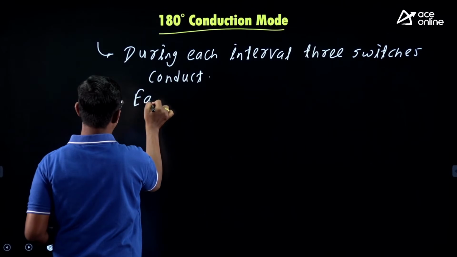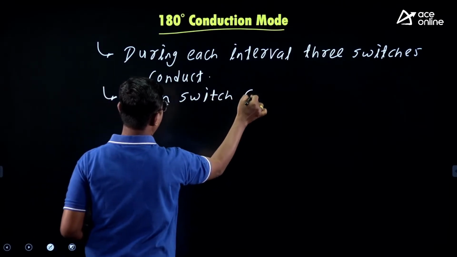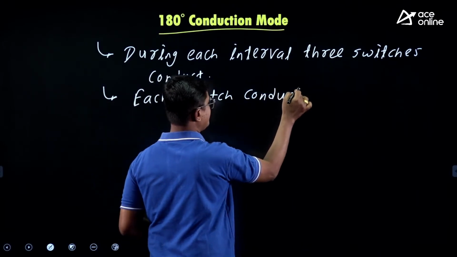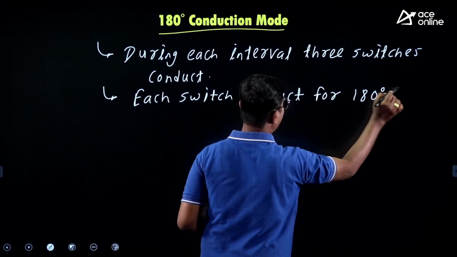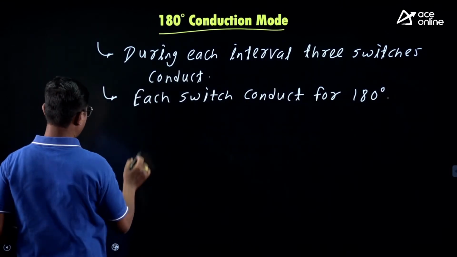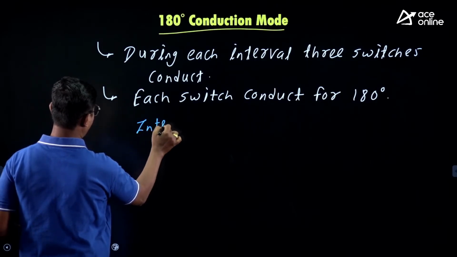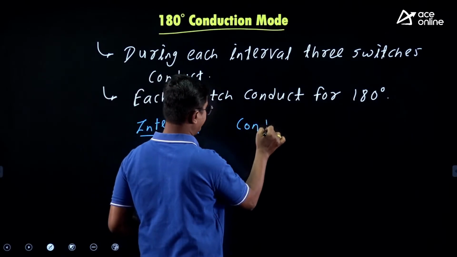Each switch conducts for 180 degrees. We have the operation table like this: interval and conducting switches.